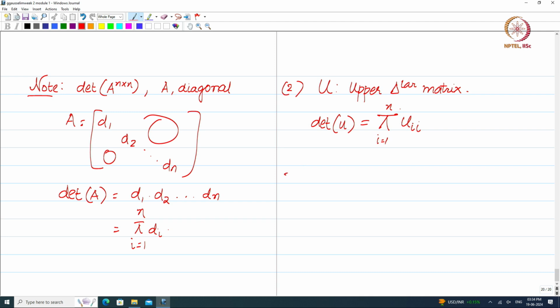If A is a square matrix of size n by n, then determinant of cA is equal to c to the power of n determinant of A for any scalar c.